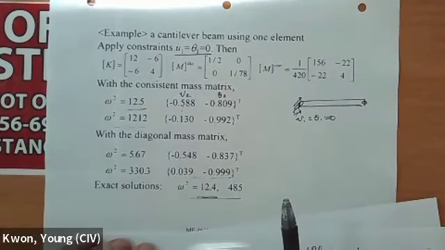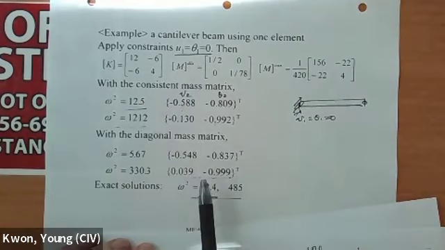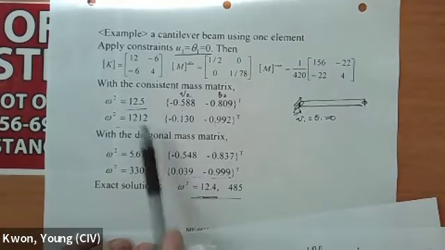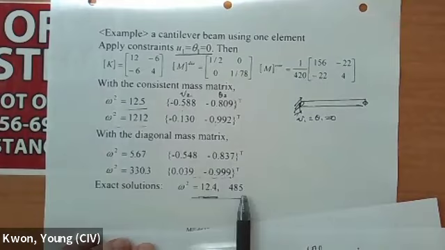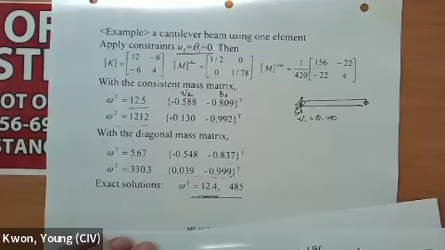Also, you can see that the first mode is closer, but the second mode is not that close. So if you want accuracy up to, let's say, 10 natural frequencies and 10 modes, then the number of degrees of freedom should be much larger than 10.